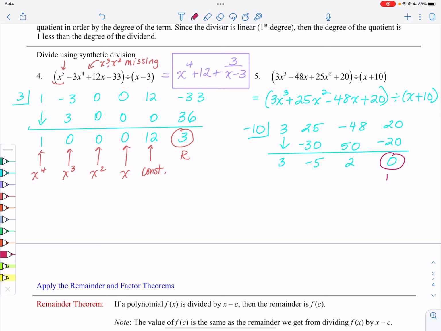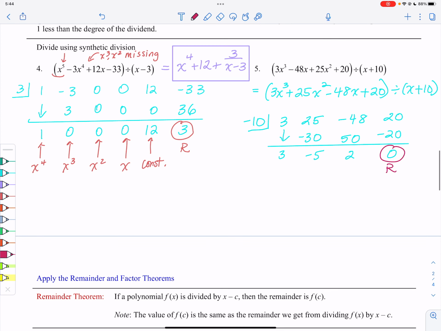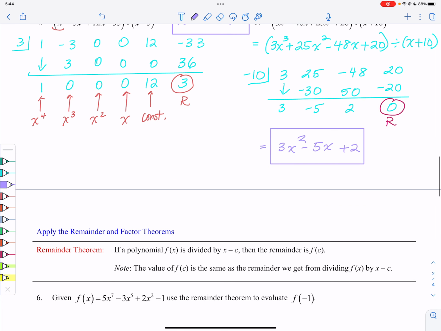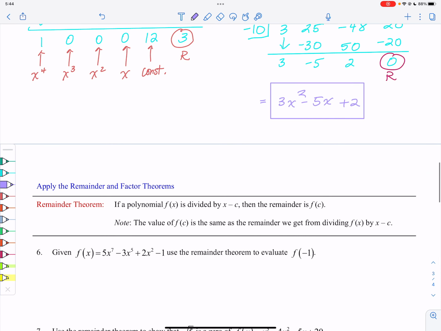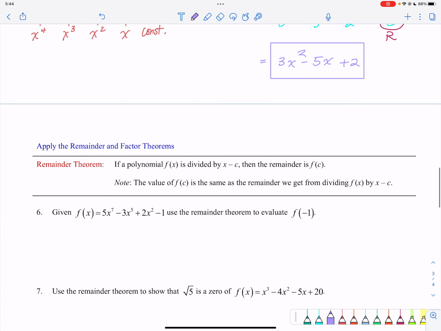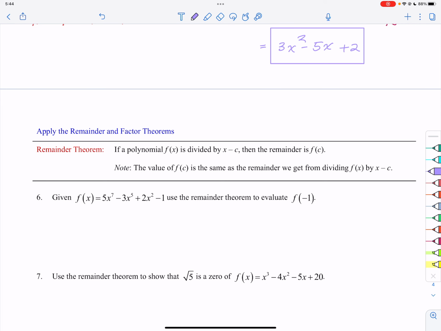And what do you notice? This remainder is 0. So what do we have? This is equal to 3x squared minus 5x plus 2, and no remainder. Okay, so what does all this mean? Well, we're going to now apply the remainder and factor theorems, okay?